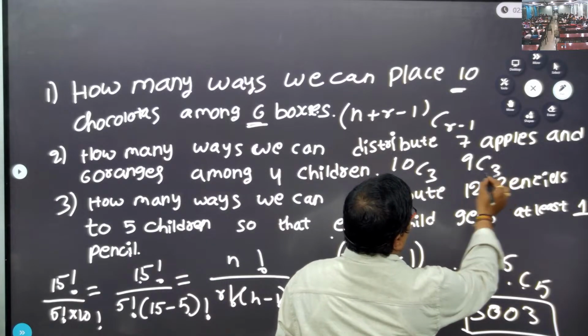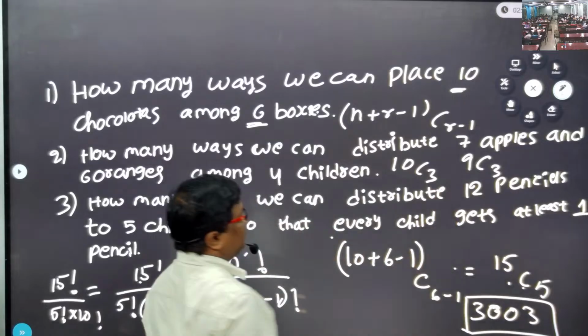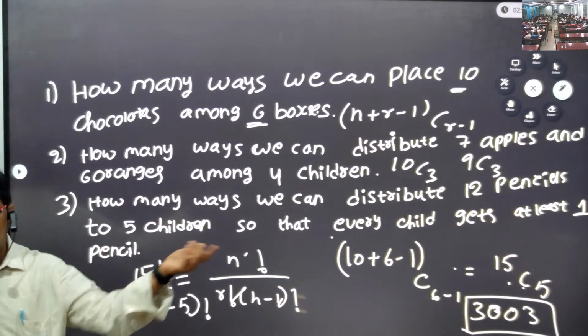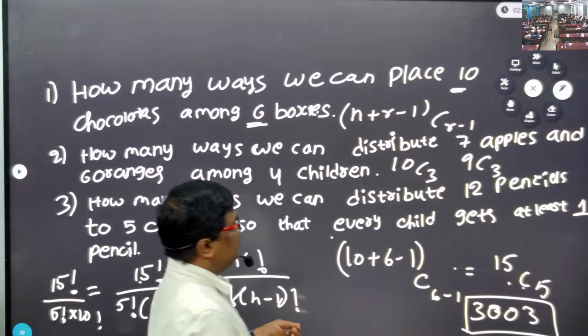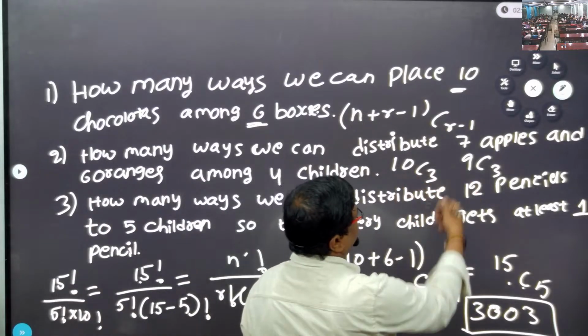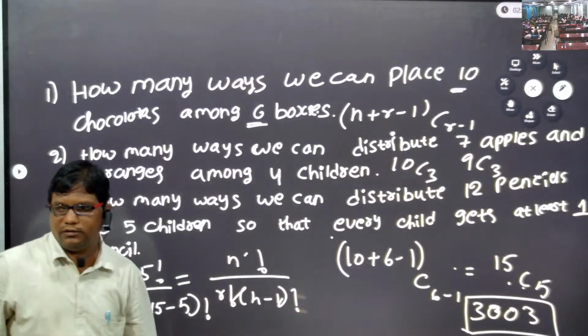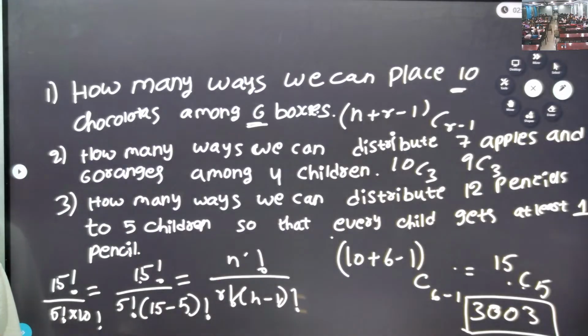What is the relationship between these two equations? Do we need to add or multiply? It is in the distribution line.